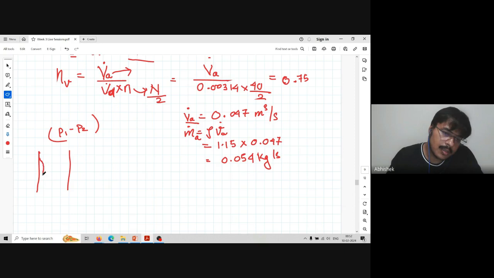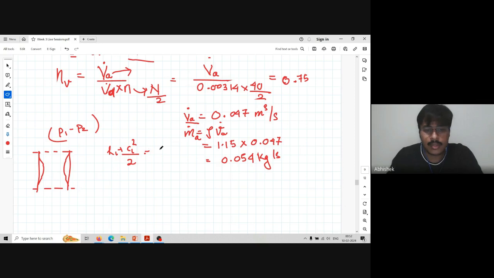One assumption I already said: whenever air is considered incompressible, you use that formula, because you cannot use Bernoulli otherwise. But as nothing is mentioned about pressure, consider it as incompressible.